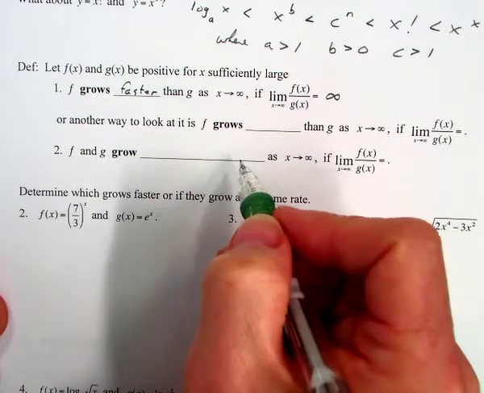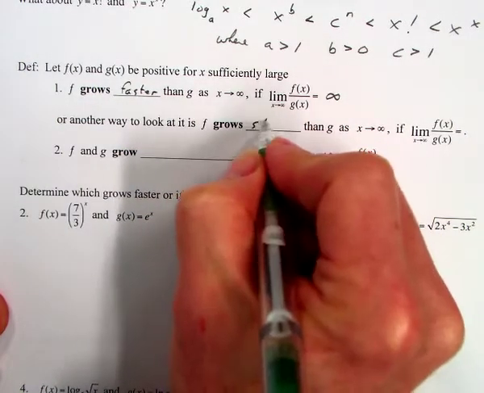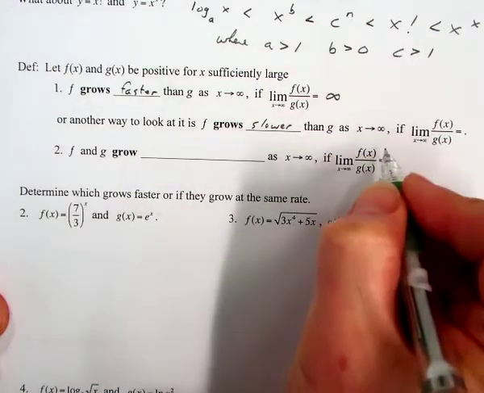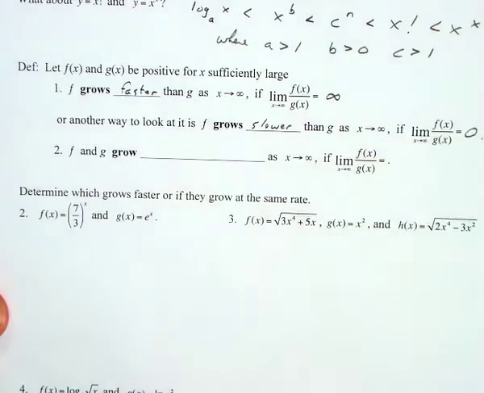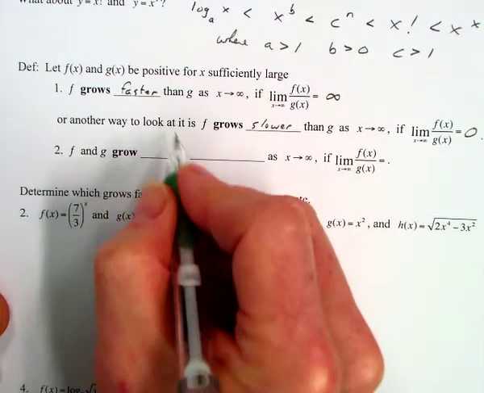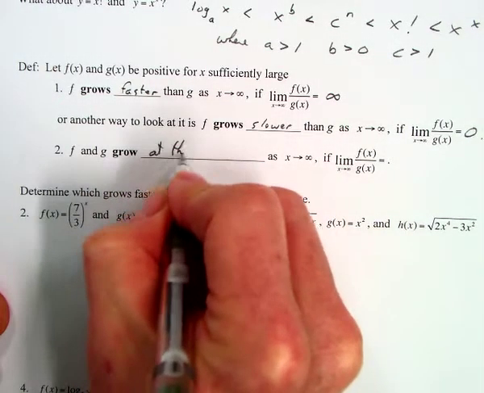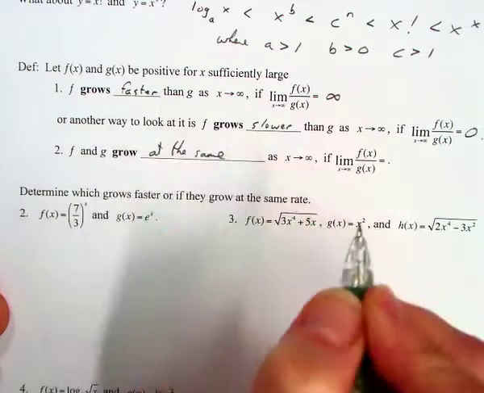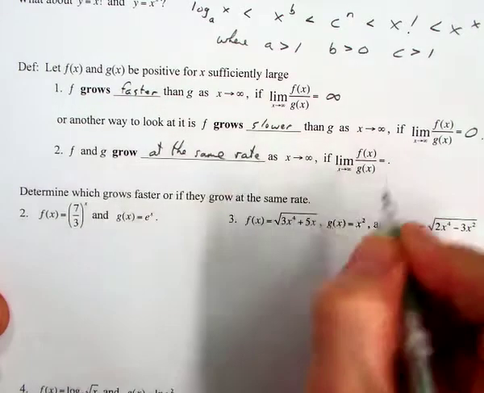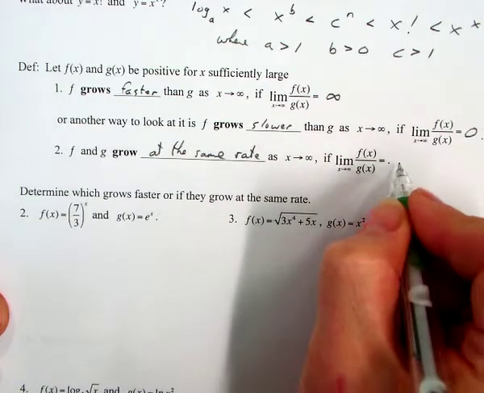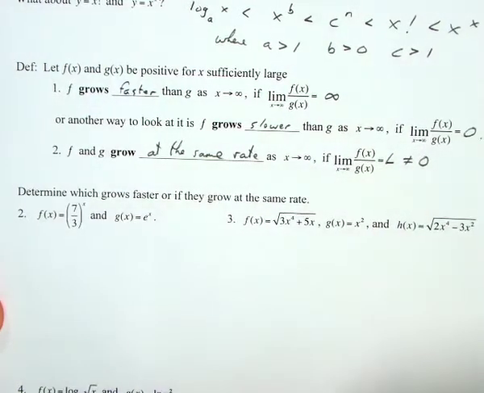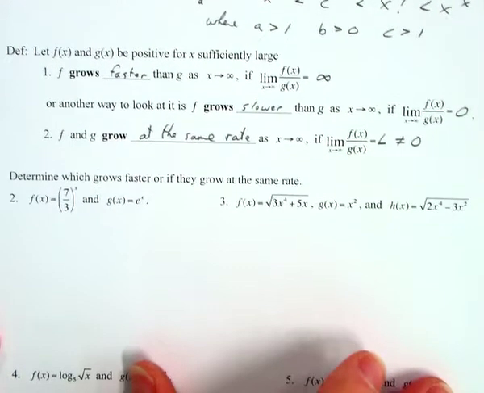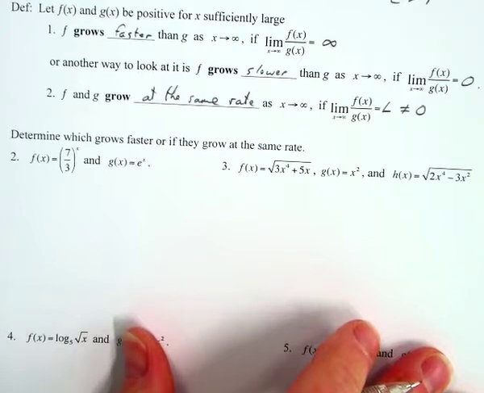Another way to look at it is you could say f grows slower than g if this limit is 0. And then f and g grow at the same rate as x goes to infinity if this equals some number L that is not 0. Okay? All right, let's look at some examples.